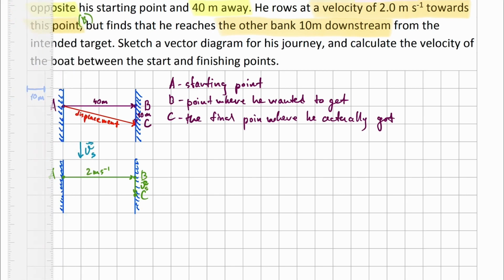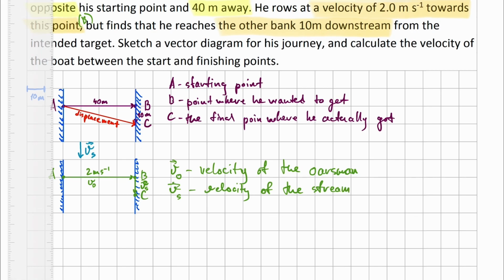And 2 meters per second is the velocity of the oarsman, VO. So let's state that: VO, velocity of the oarsman, and Vs is the velocity of the stream.